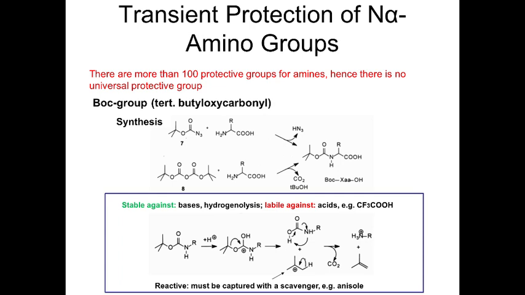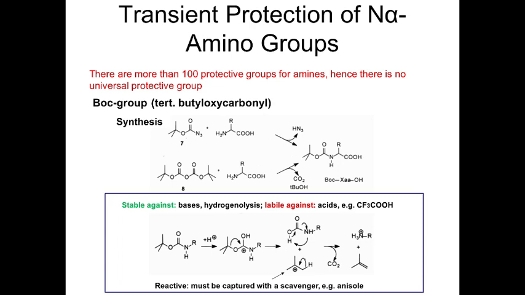when the complete peptide is made. So there are more than 100 protective groups for amines for peptide synthesis. However, there is no universal protective group, so we only discuss here the most important ones, and one of the very famous ones, and every chemist knows this, is the so-called Boc group, and this abbreviation stands for tert-butyloxycarbonyl.